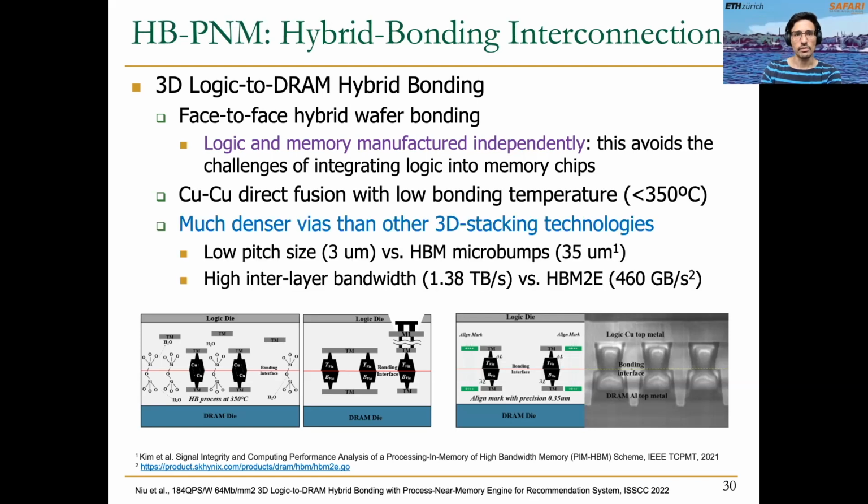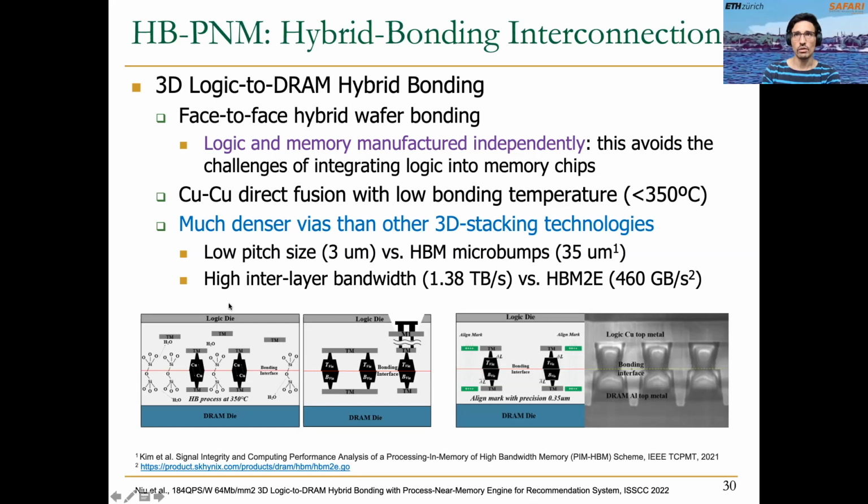degrees. And one interesting characteristic and advantage of this technique over other 3D stacking technologies is that it allows us to have way lower pitch size, for example this 3 micrometers compared to the typical pitch size in HBM memory, 35 micrometers. And this low pitch allows us to have much higher bandwidth between the layers.